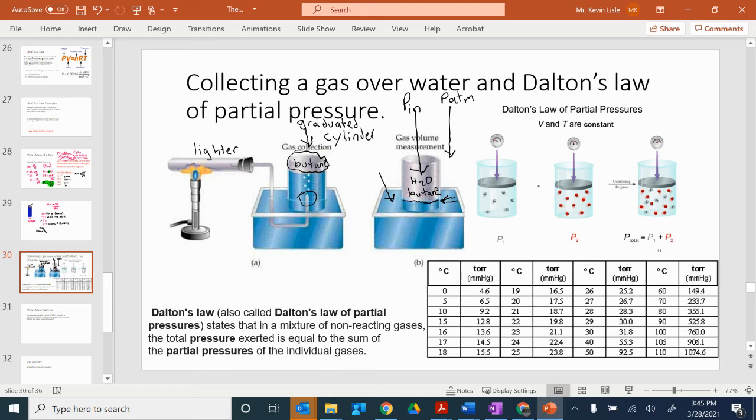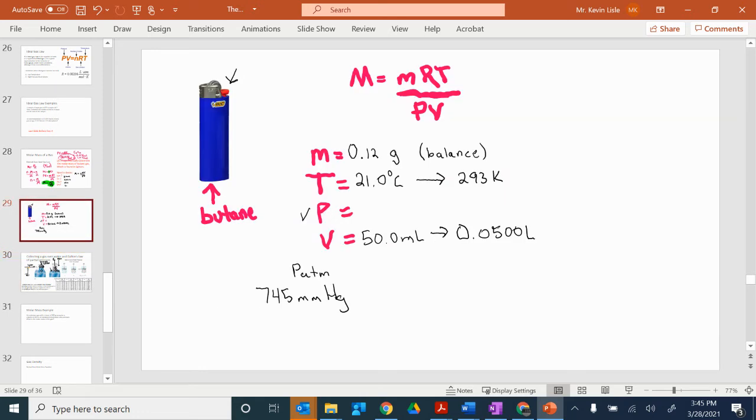So it's water in the gas form, and that water in the gas form also causes pressure. And so here's how I would think about it: the pressure inside of that tube, inside of the graduated container or cylinder, is equal to not just the pressure of the butane, but it's equal to the pressure of the butane and the pressure of the water that's inside of the tube.